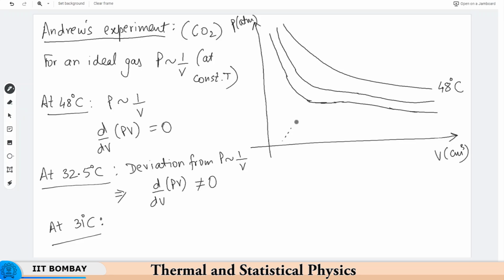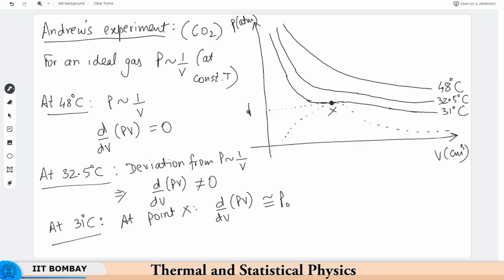Let's call this point X. So this is at 32.5 degrees Celsius, this is at 31 degrees Celsius. At point X, d by dV of PV basically became flat, and it took a constant value of P0.